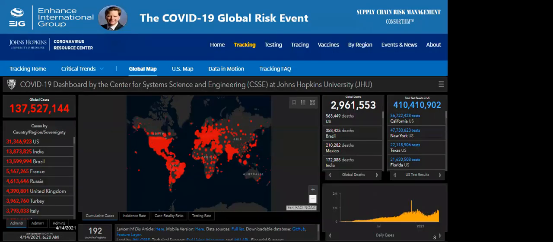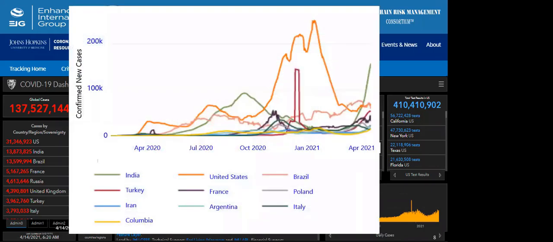Thanks, Greg. As we look at what's happening in the world of COVID-19, we can see from this chart from John Hopkins that for the US, we've kind of plateaued, although we're increasing a little bit. When you dig down, you see that India has seen a greater increase, and the top 5 countries for death rates are US, Brazil, Turkey, France, and Poland.